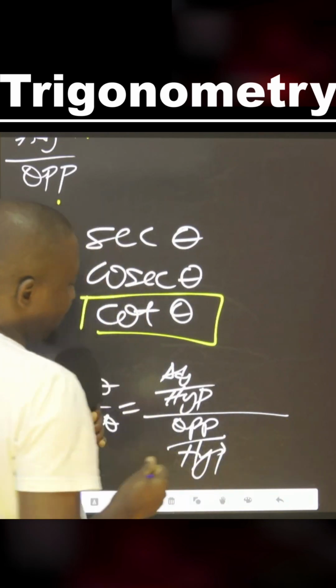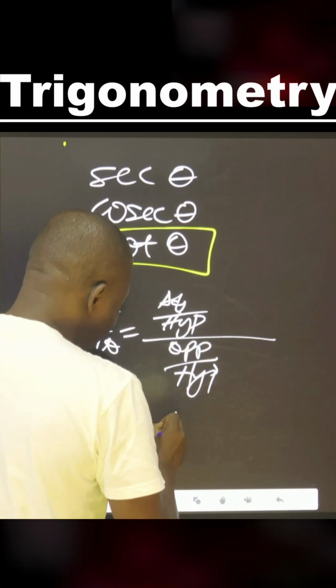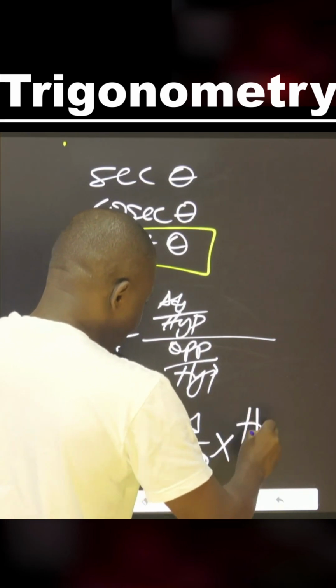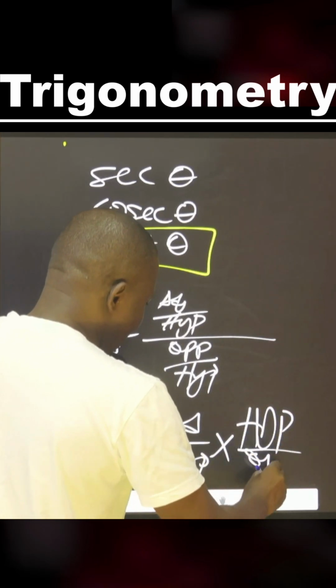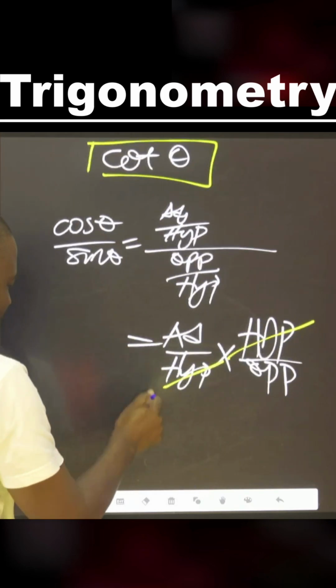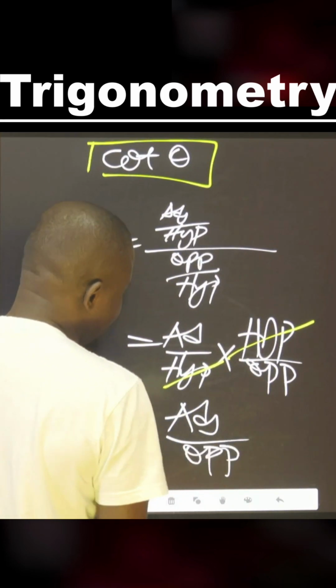You can flip this to have adjacent over hypotenuse multiplied by hypotenuse over opposite. So the hypotenuses cancel. We have adjacent over opposite.